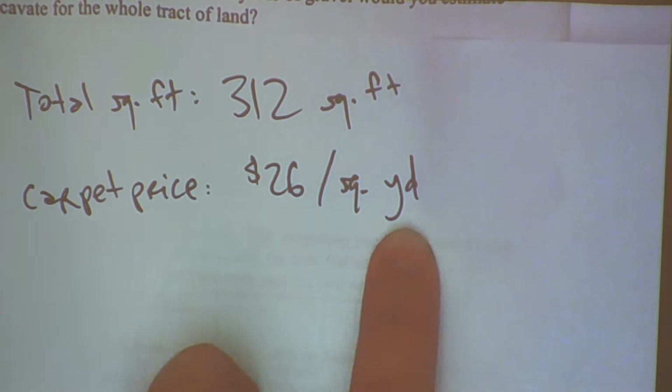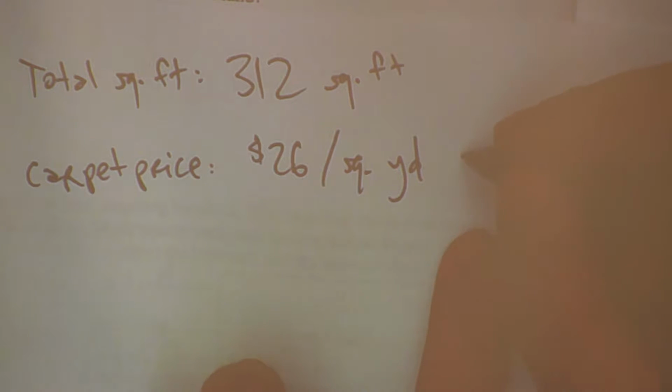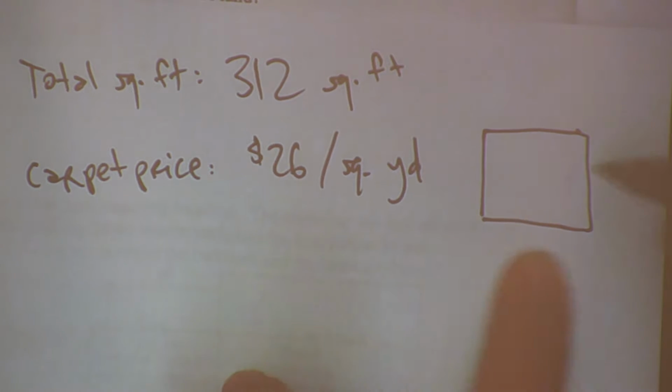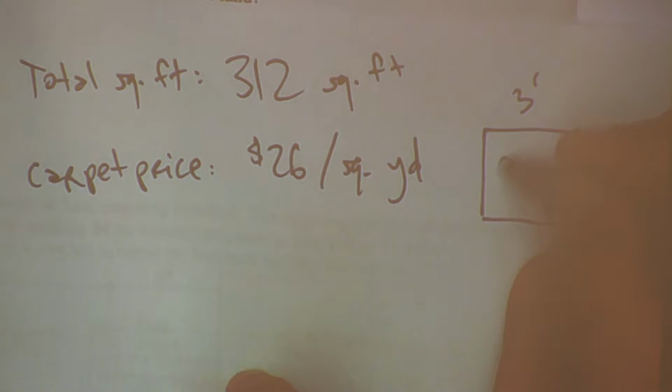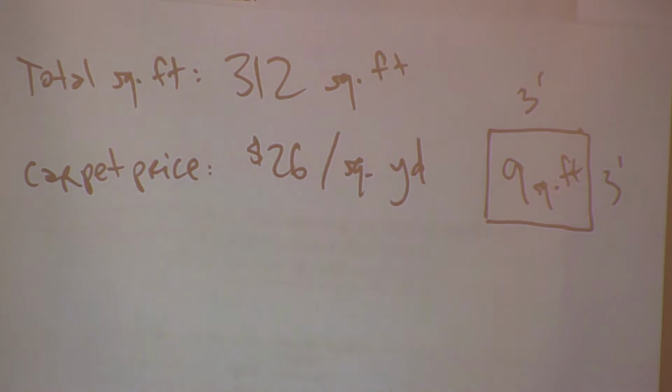Notice the difference between being in square feet or in square yards. We also know that a square yard, if I have a yard, 1 yard is how many feet? 3. So a square yard is going to be 3 feet by 3 feet, which is 9 square feet. 9 square feet is 1 square yard.